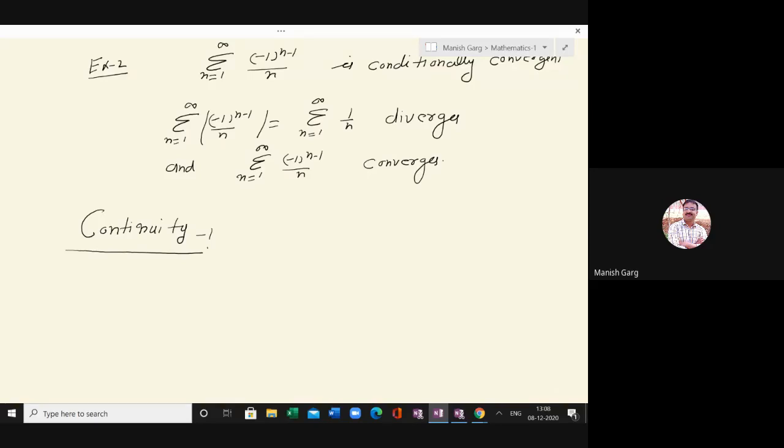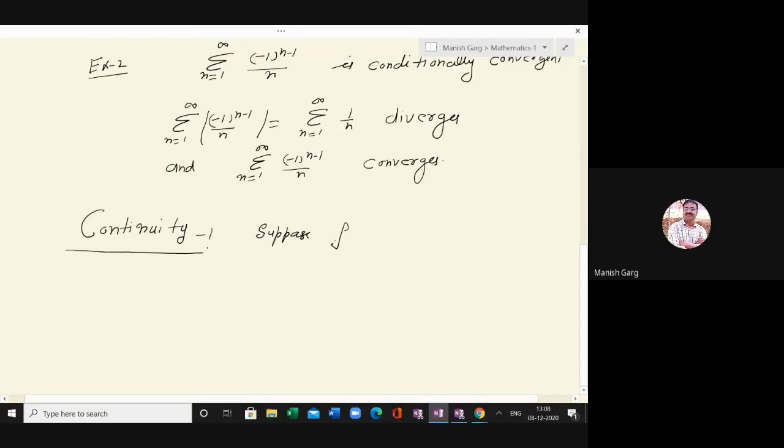Here, we consider real valued functions whose domain is any real interval, open or closed.